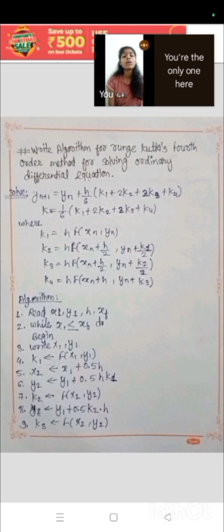Only we change the y2 formula, because in the k2 formula we take yn plus k1 by 2, and in k3 we take yn plus k2 by 2, not k1 by 2. So y2 is equal to y1 plus 0.5 k2 into h, and in k3 we take the values of x2 and y2, so k3 is equal to f of x2 and y2.